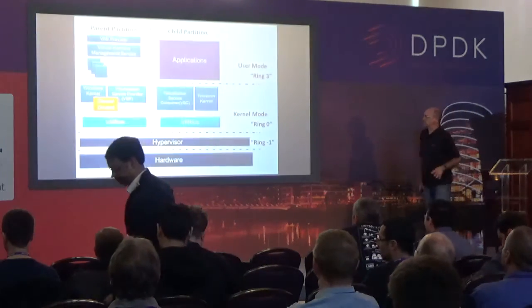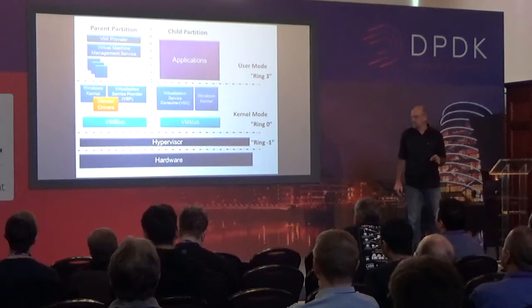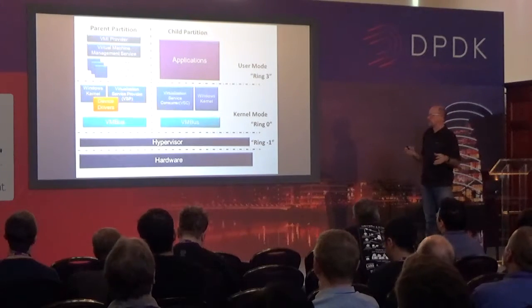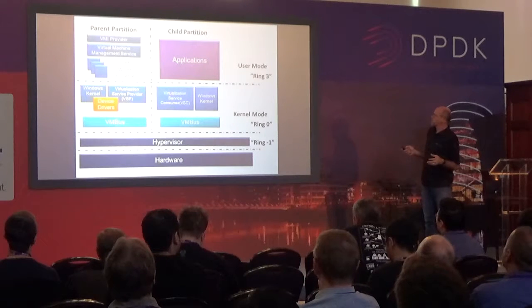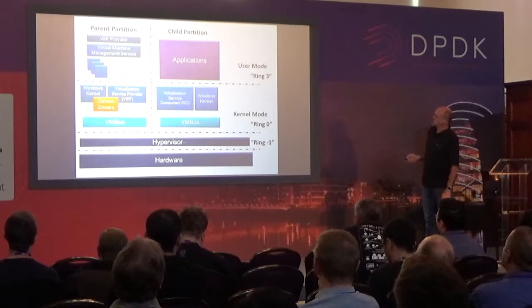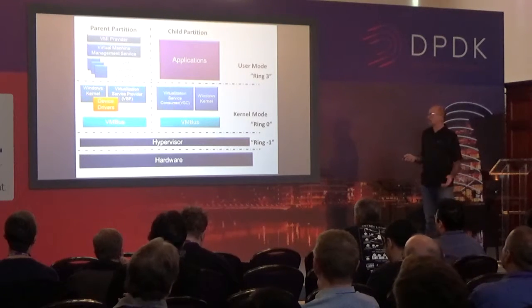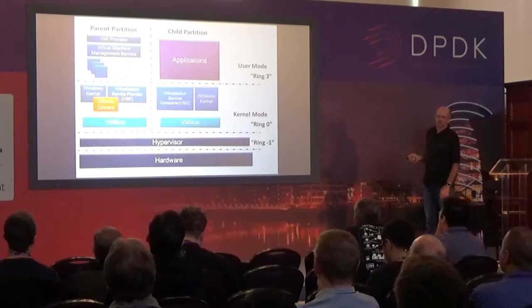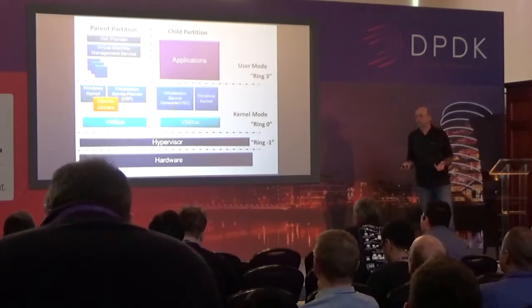So this is the architecture slide of HyperV. I had a nice slide to do some comparisons, but it didn't work out as well. This is very similar to what you see in any other guest host environment. You have guests, and the guests all have a virtual interface to the hypervisor. They don't talk to real hardware.